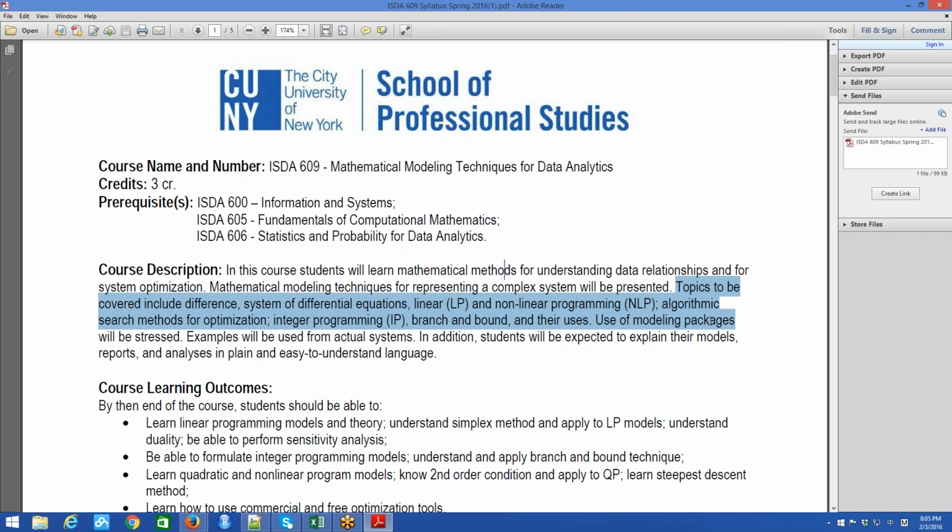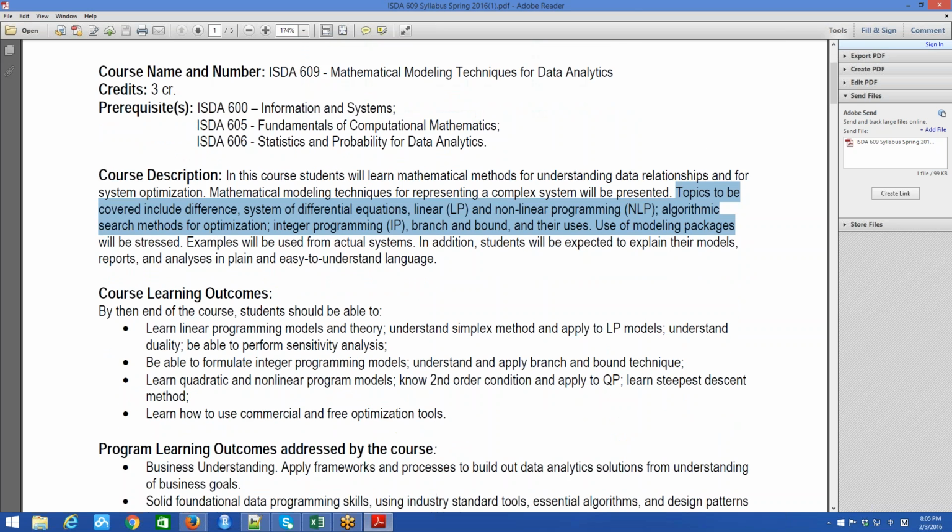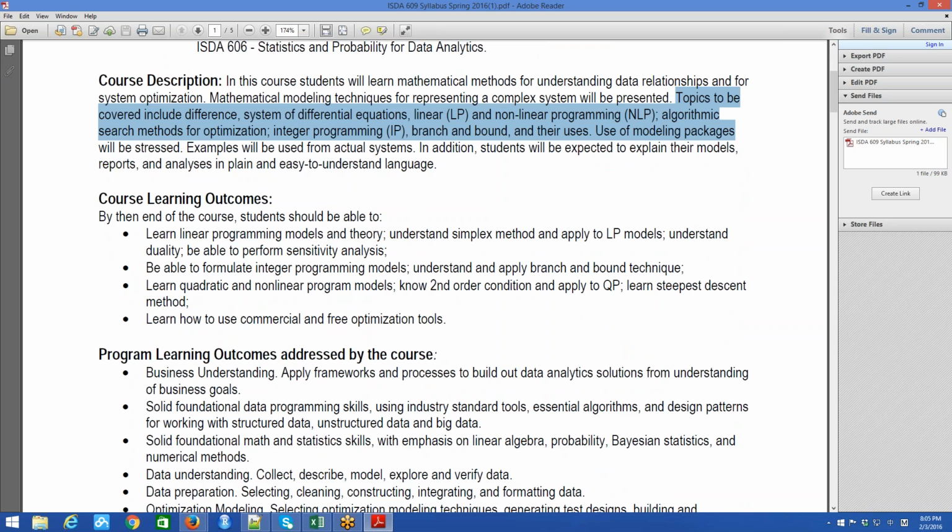Topics that will be covered include systems of differential equations, linear programming, nonlinear programming, algorithmic search methods for optimization, and integer programming, branch and bound, and their uses. So this is basically the snapshot of the course.